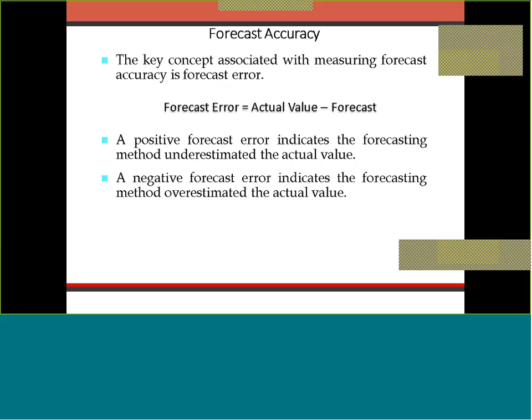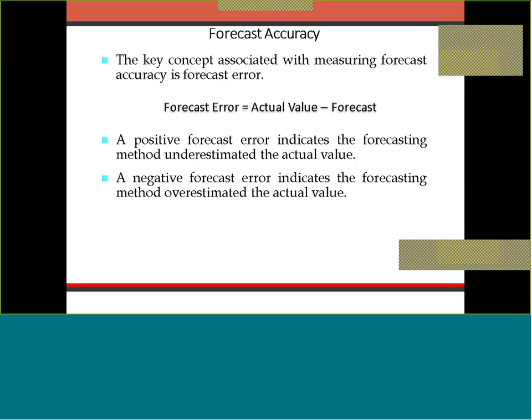Generally, how do you deal with forecast accuracy? The key concept associated with measuring forecast accuracy is the error involved in the procedure. What do you mean by forecast error? Actual value minus forecast. Actual value is only present for past data. If you forecast the past data also with the current method, obviously you may have some error. That's what we are trying to calculate.